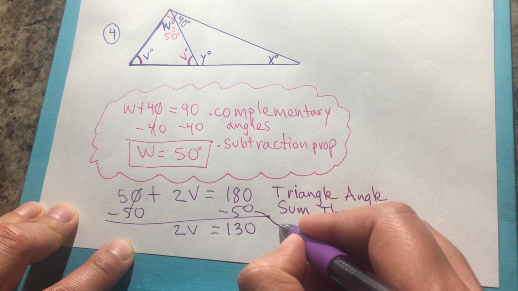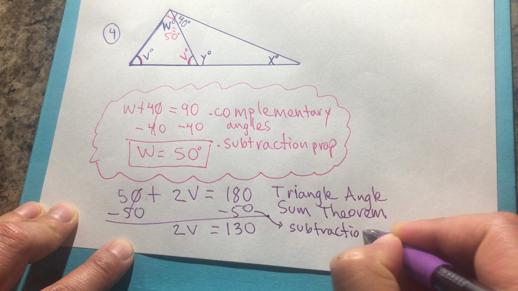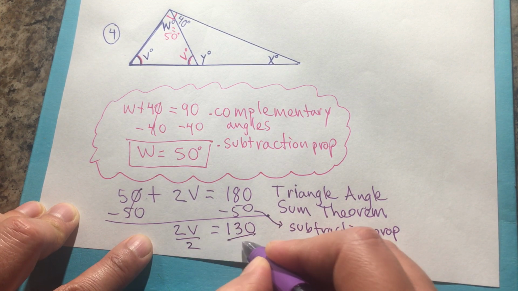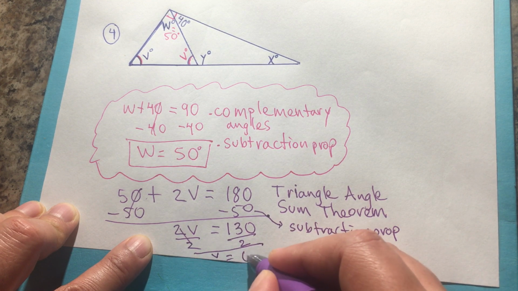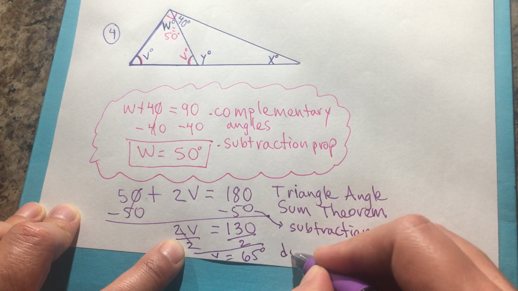That's because of the subtraction property. Finally, you divide both sides by 2 and V is equal to 65 degrees. And that's because of the division property.